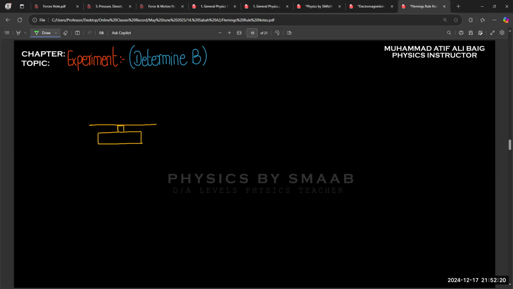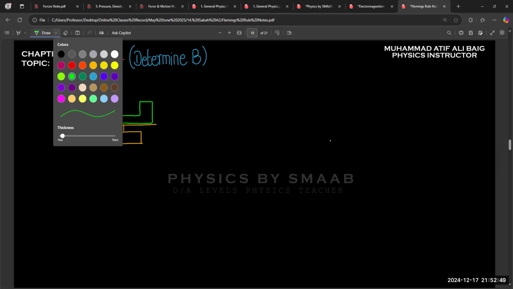Once the wire experiences a force, the reading will also increase. If it experiences a force, we get a greater value of reading on the electronic balance. That will give you the idea that force is exerting on that wire.